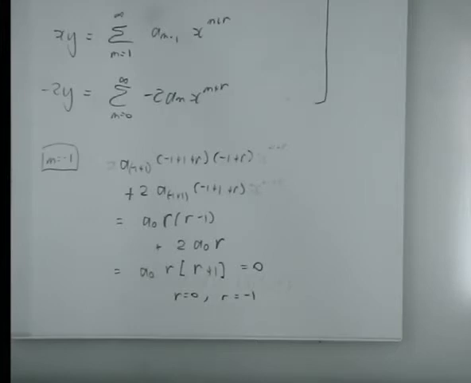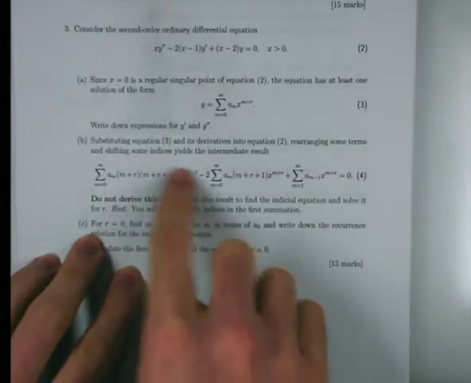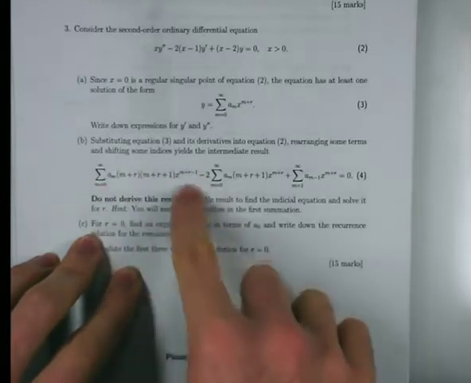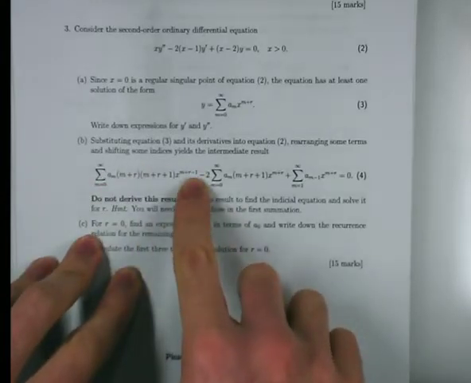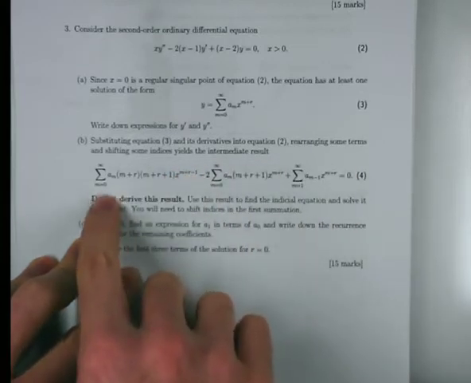Okay, that's how you get the initial equation. Back here, he's given us a particular thing, and we would have had to shift this one forwards so that it matches with these powers, and then that would give me an m equals minus 1 that I can sub in to find the initial equation.